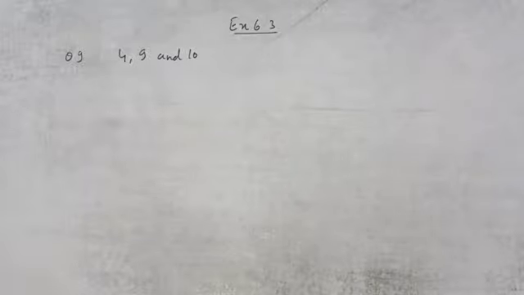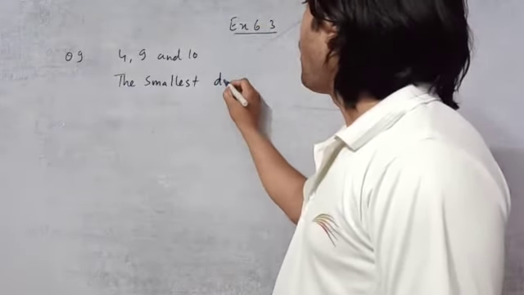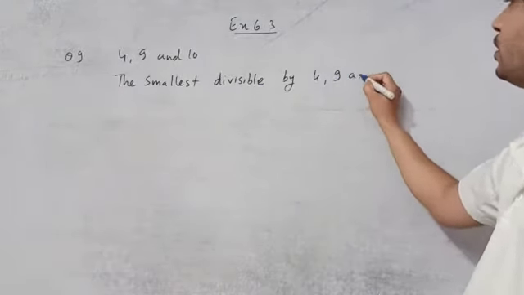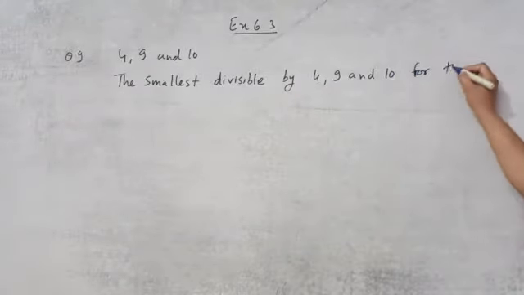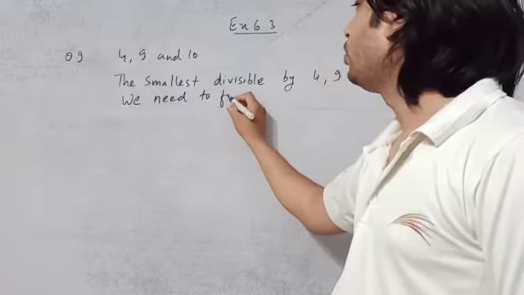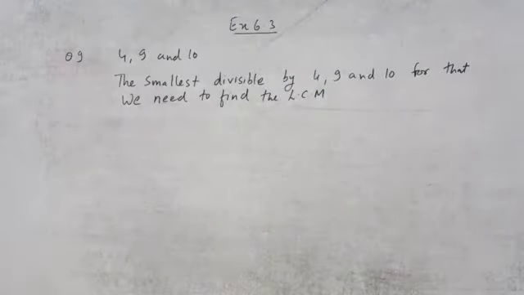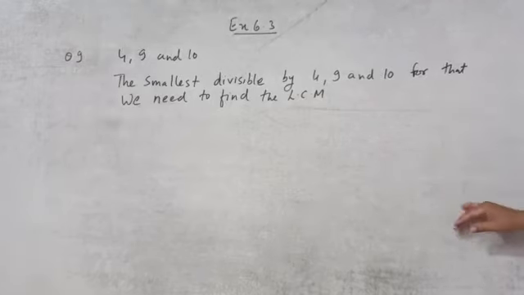So we need to find the smallest number divisible by 4, 9 and 10, and for that we will find the LCM of 4, 9 and 10.